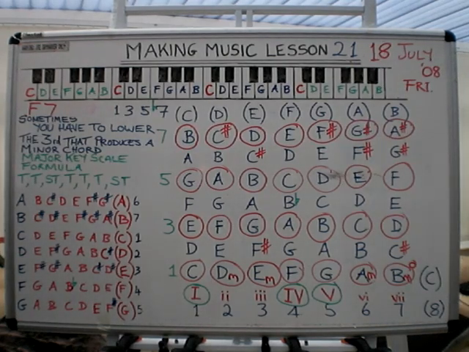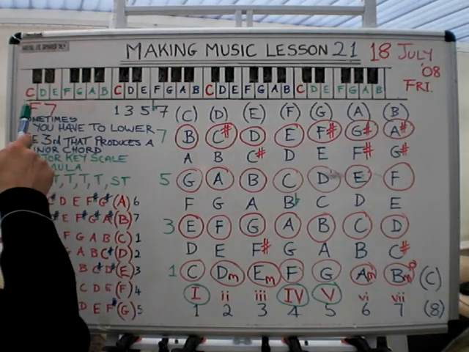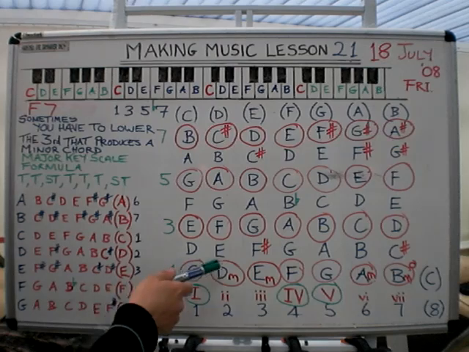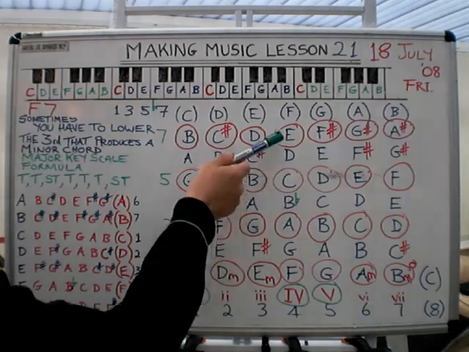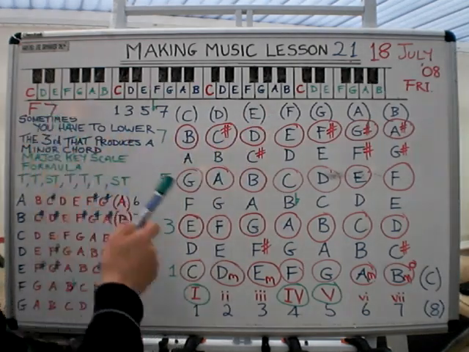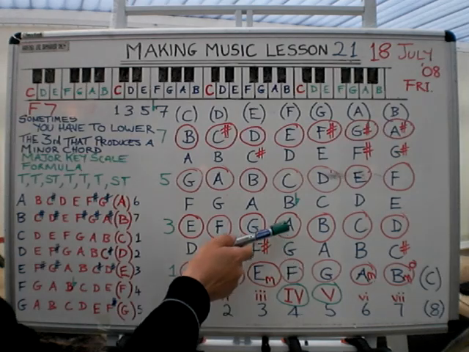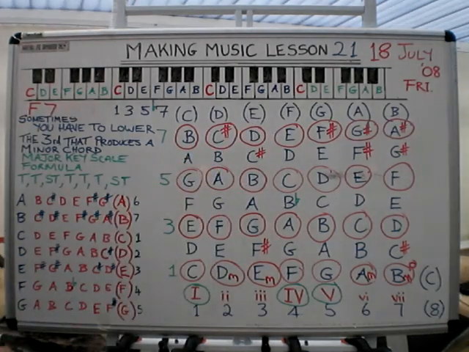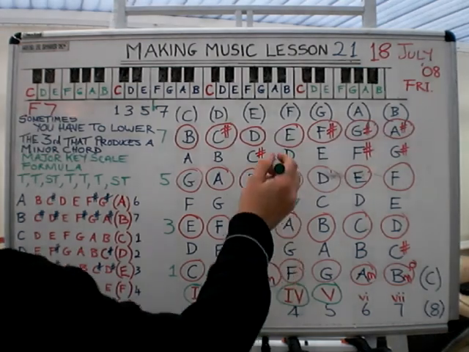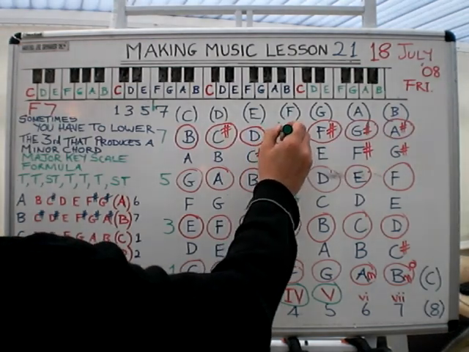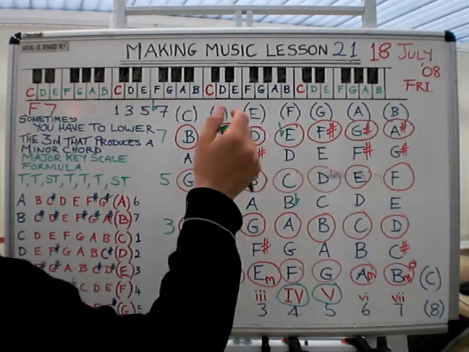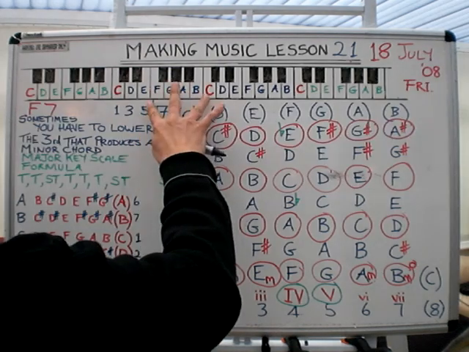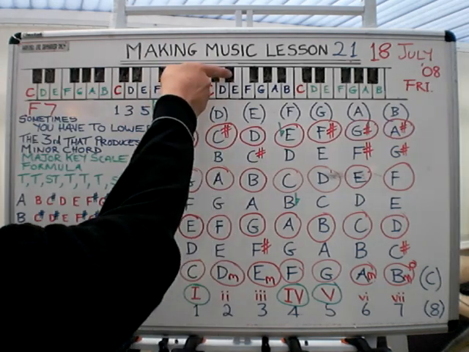Now let's show what I mean by that. So an F7 or an F dominant 7th, let's go to the Fs. We originally had F major 7, it said major. Now we've just got F7, known as F dominant 7th. So what we're going to do, we're going to flatten that E. So we've got F, A, C, E flat.